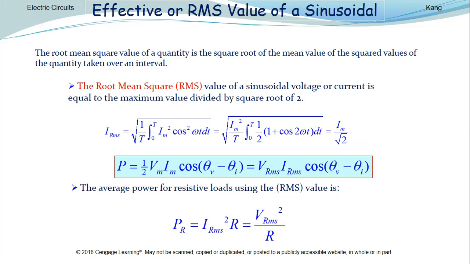The root mean square value of a sinusoidal curve is equal to the maximum value divided by square root of 2.